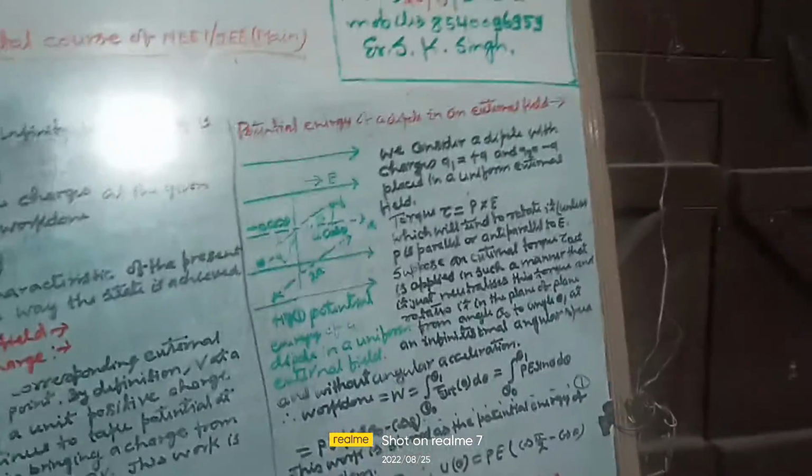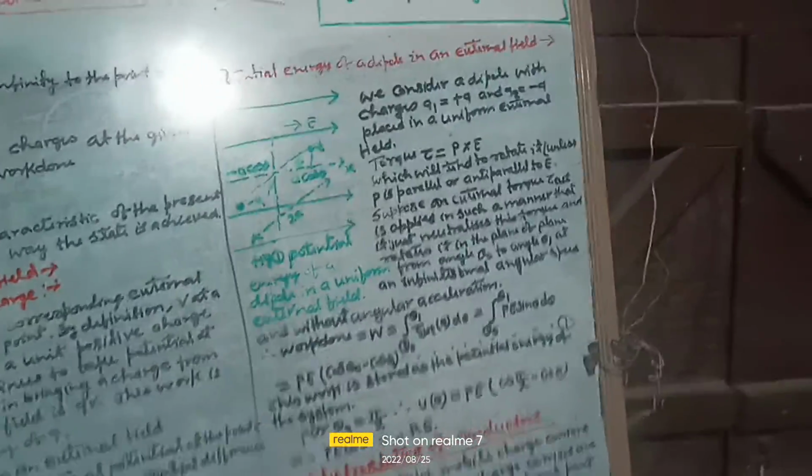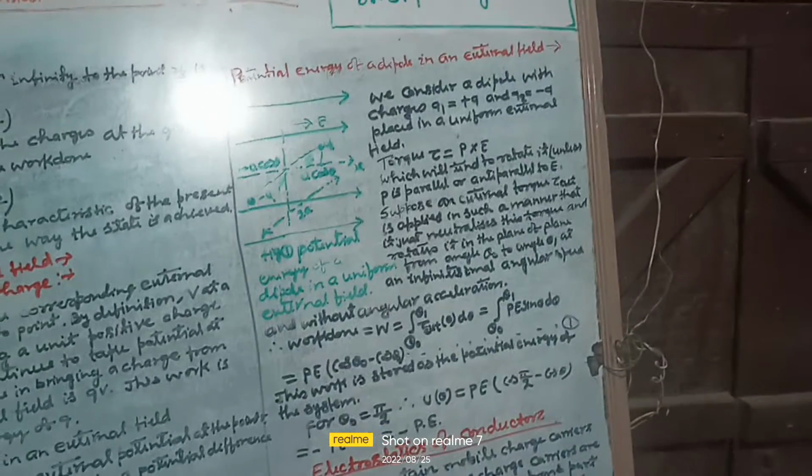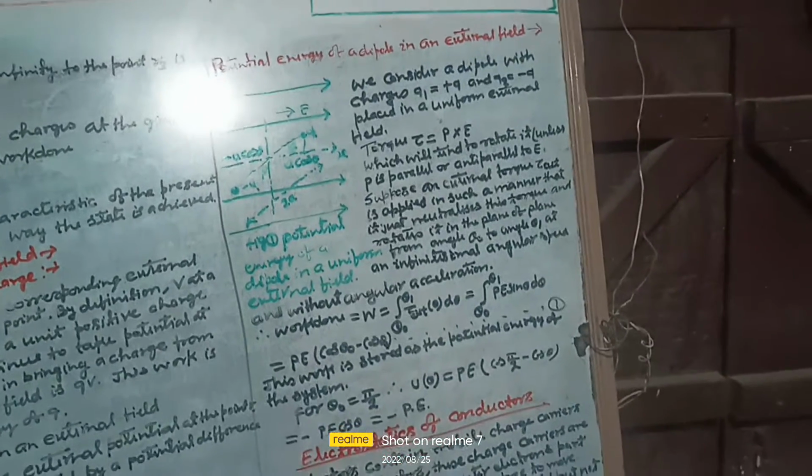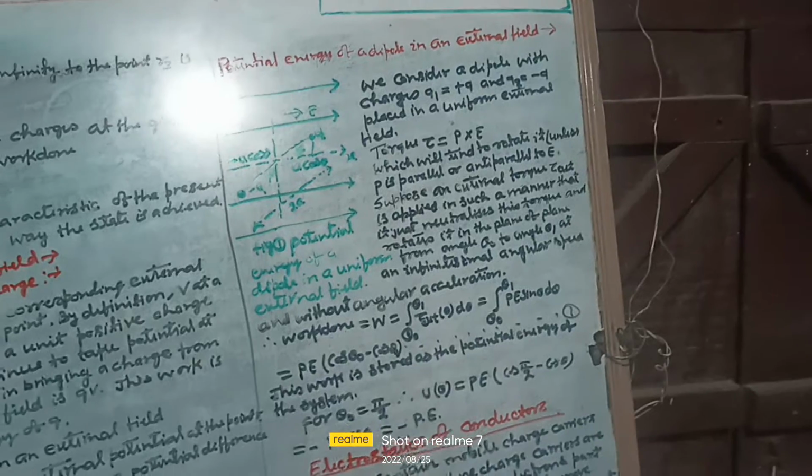Now potential energy of a dipole in an external field. We consider a dipole with charges q1 = +q and q2 = -q placed in a uniform external field.